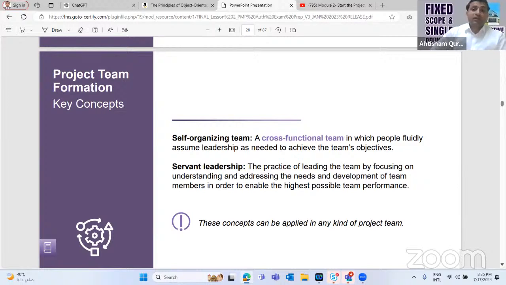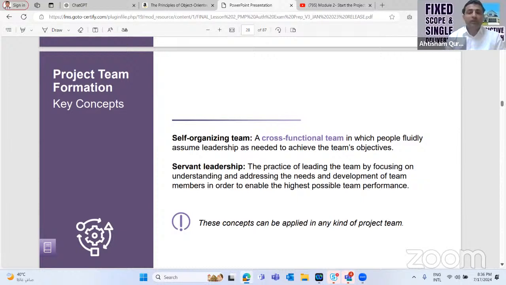If the team has cross-functional team members, they will have varying levels of knowledge and skills, which will actually be good to drive the project forward with different perspectives. So we form a cross-functional team, and then we say the team is self-motivated and self-organizing, which means that they have their own will to move forward.